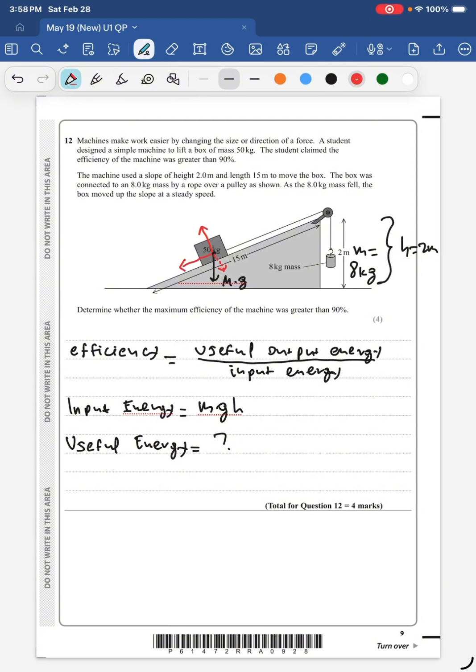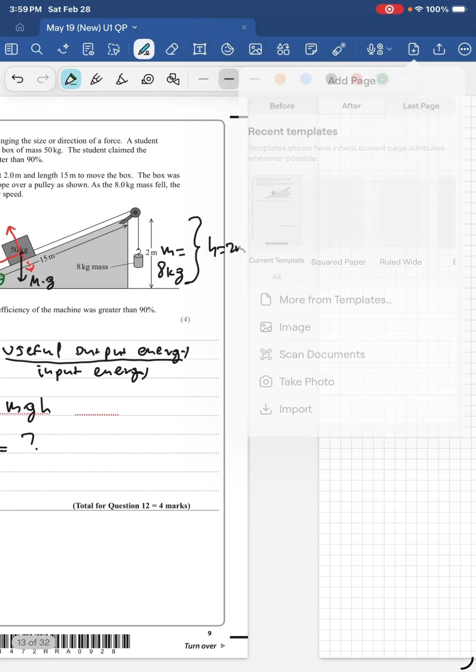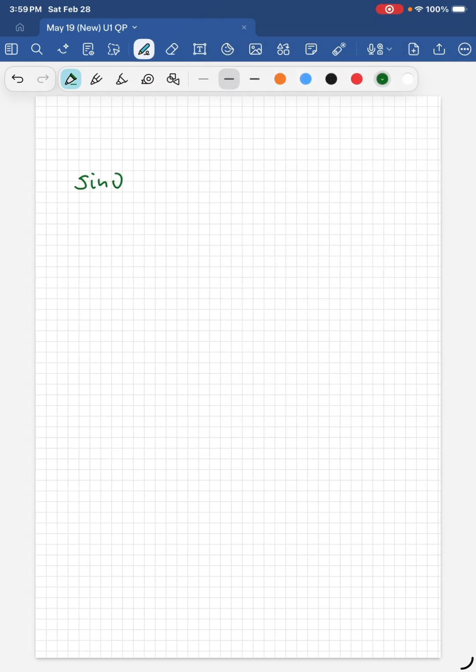And this is actually the useful energy, so whatever this component is times 2 meters. Now that component is, let's call this angle theta, right? So now sine theta, actually I'm going to use a clean page. Sine theta is 2/15.